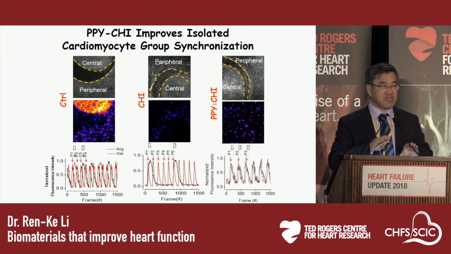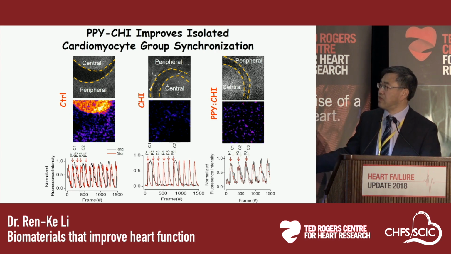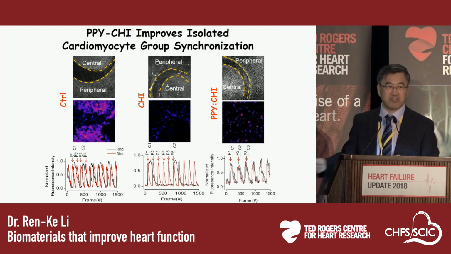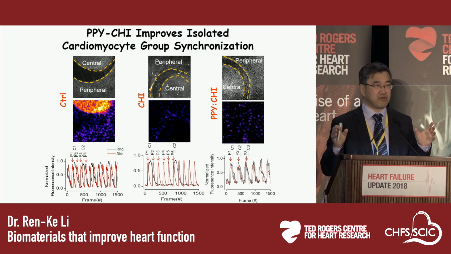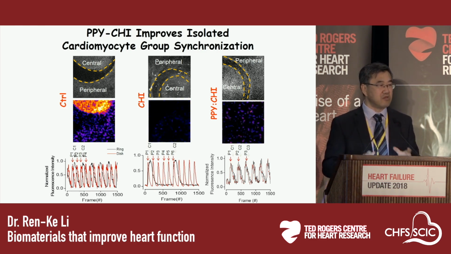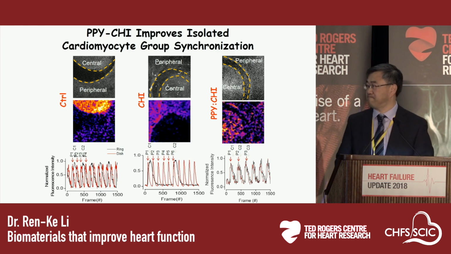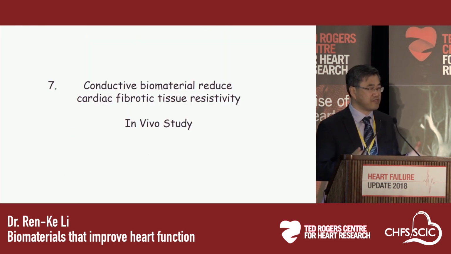They show the inside cells and outside cells beat at different rates. But if you look at the cells grown on the conductive material, although the cells are physically separated by the metal ring, the inside cells and the outside cells still beat synchronously. So those are the in vitro studies.